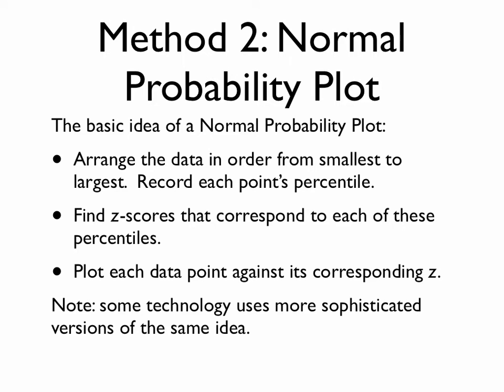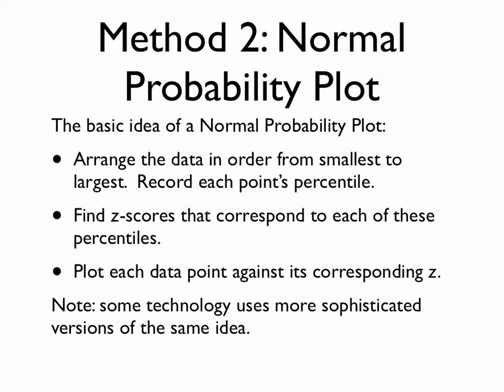The basic idea is to arrange all of the data points from smallest to largest, and then record each data point's percentile. Remember, percentiles are the percent of scores at or below a certain given point. Then you find the z-scores that correspond with those percentiles, and then plot each data point against its corresponding z-score.